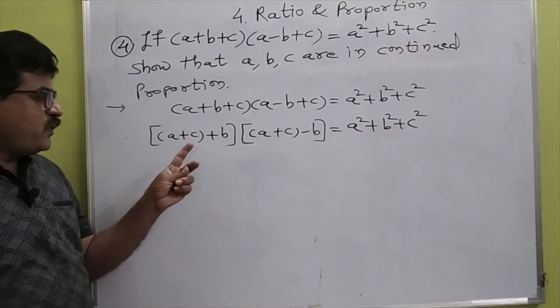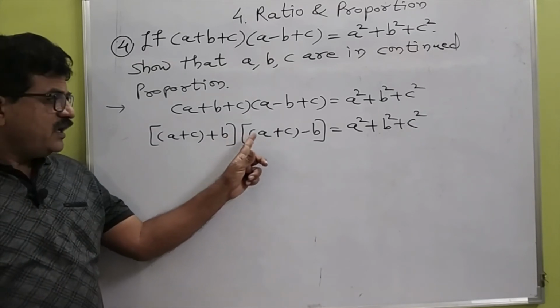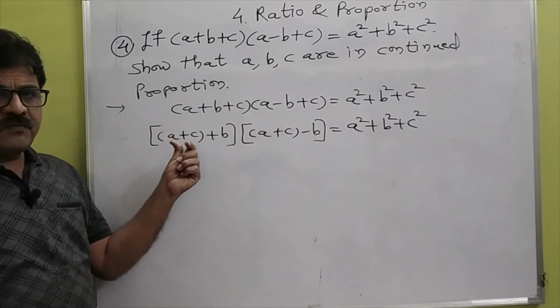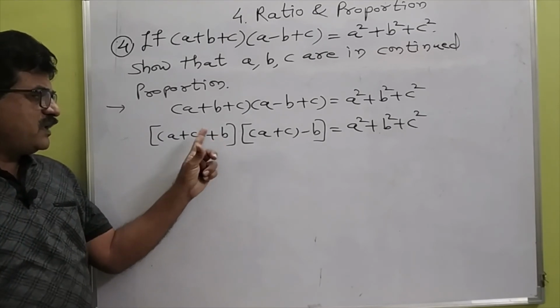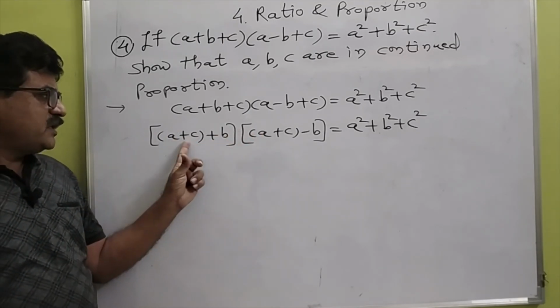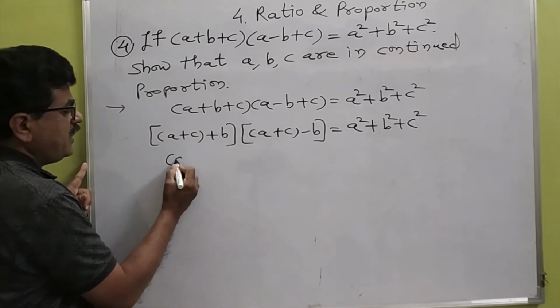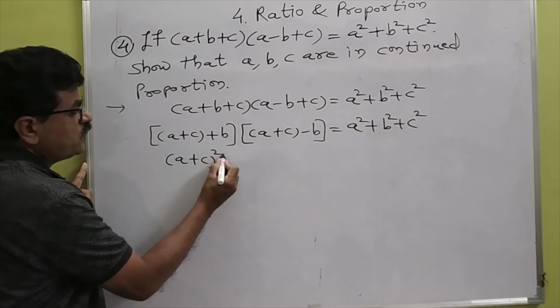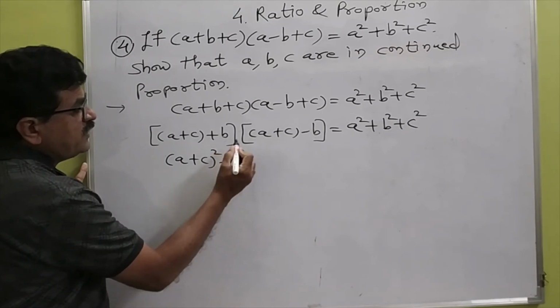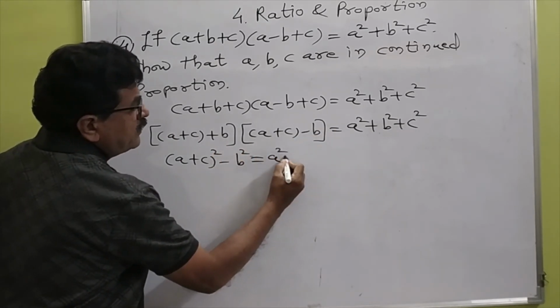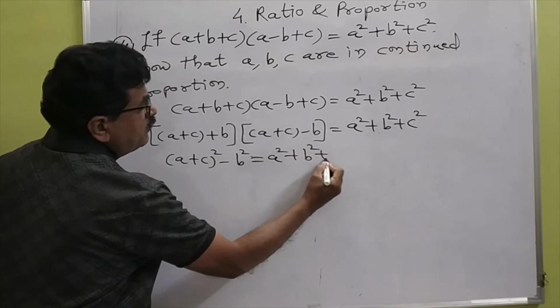Now this is of the form A plus B, A minus B. Now we can write this using the formula A plus B, A minus B is A square minus B square. Therefore, A plus C whole square minus B square is equal to A square plus B square plus C square.